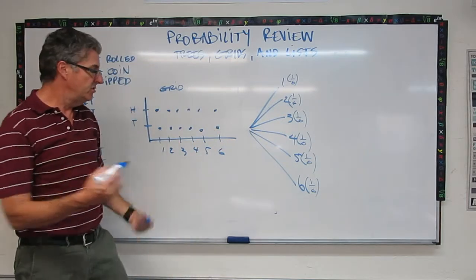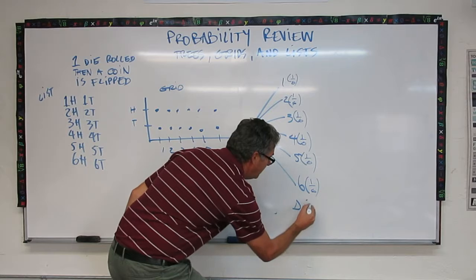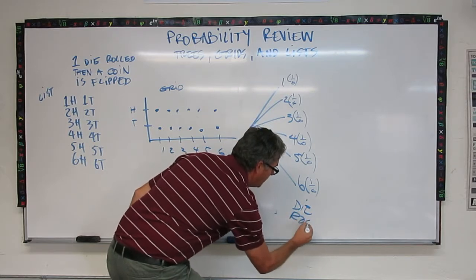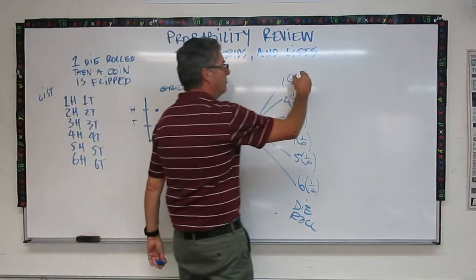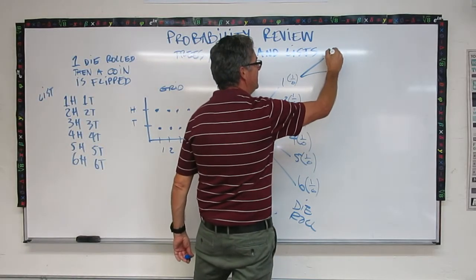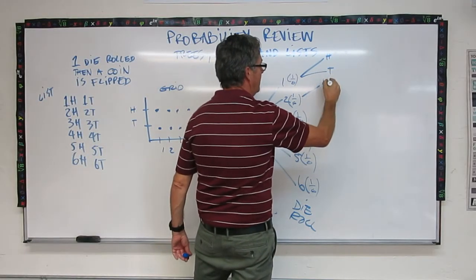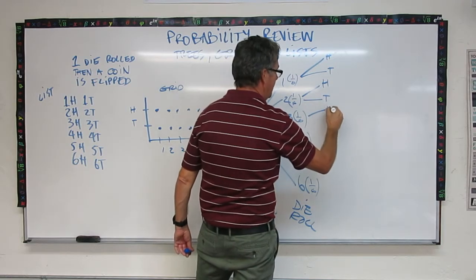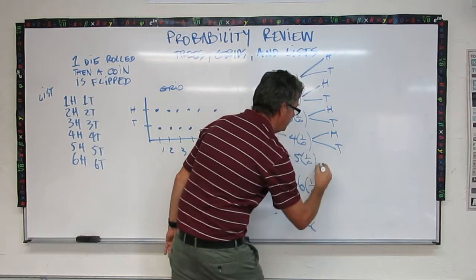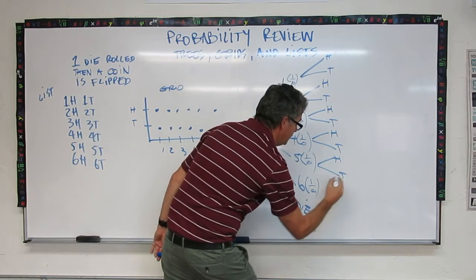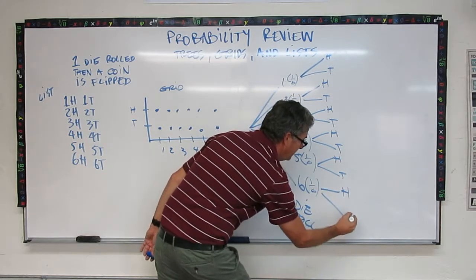Now we continue, so this is the die roll. So now we continue with the coin toss. And we're going to have just 2 on each of these. Heads, tails, heads, tails, heads, tails, heads, tails, heads, tails, heads, tails.